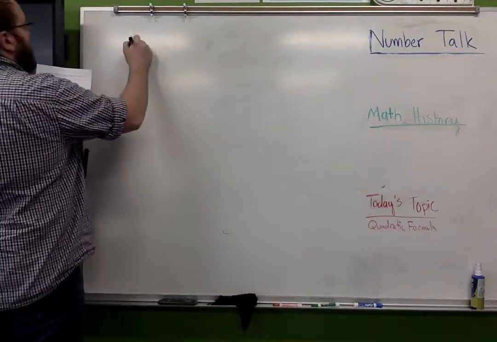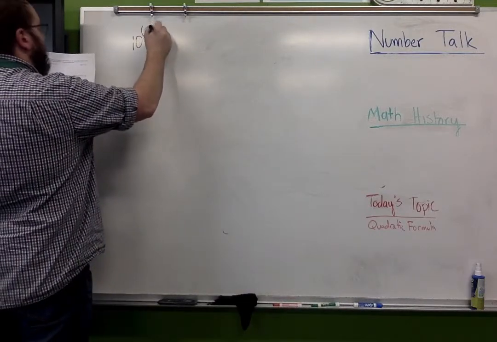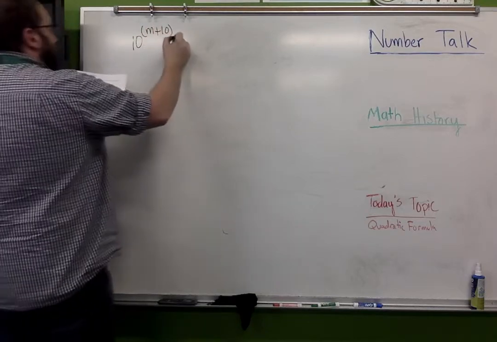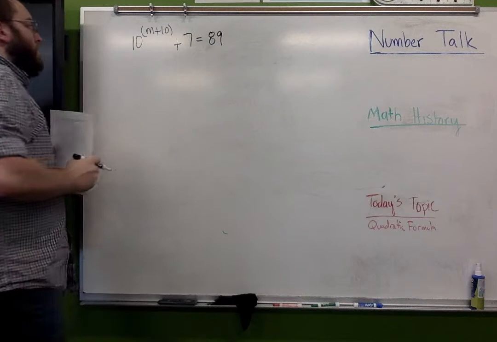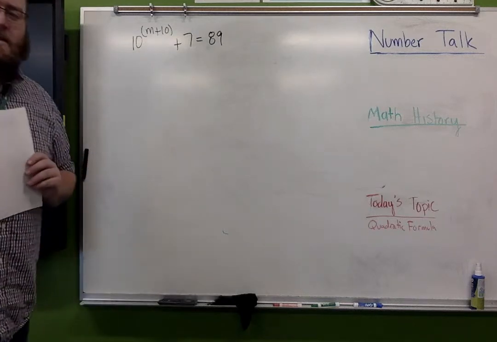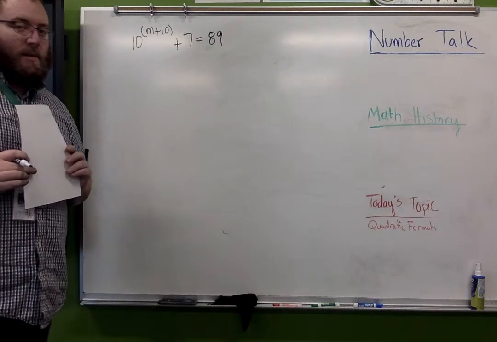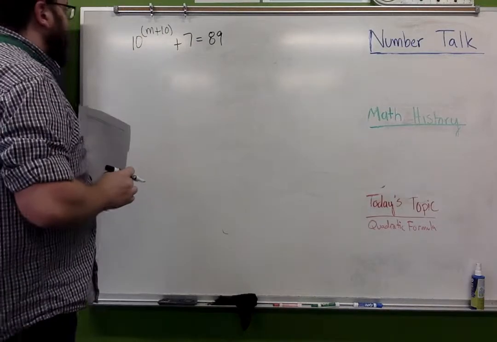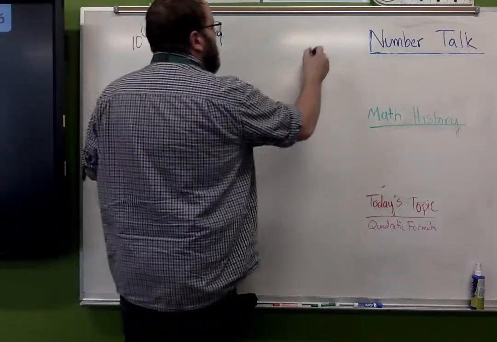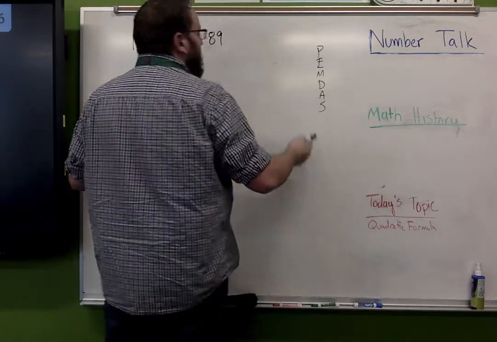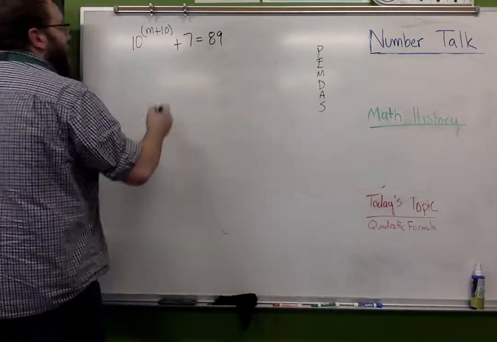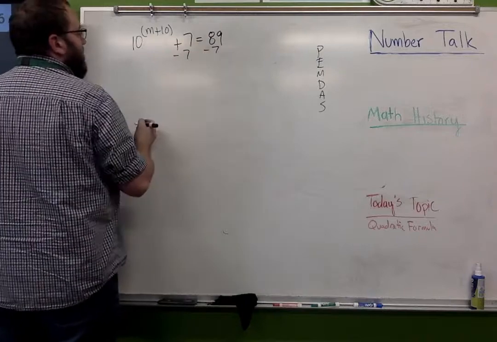Now we have 10 to the m plus 10 power plus 7 is equal to 89. Well, bases aren't the same, and there's no way to get them to be the same. But first, remember when we're solving, we do reverse PEMDAS. So we have to start with our add and subtract first. So I'm going to subtract 7 from both sides.